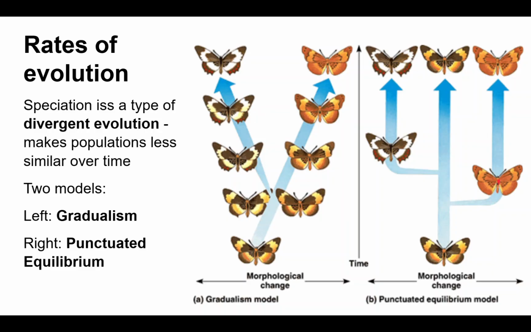But it doesn't mean that during these times of relative calm and stability this is not changing, right? So we probably have some mix of gradualism and punctuated equilibrium happening all the time. So it makes more sense to think of this in terms of rates of evolution instead. All right, and that's it for this set of slides.